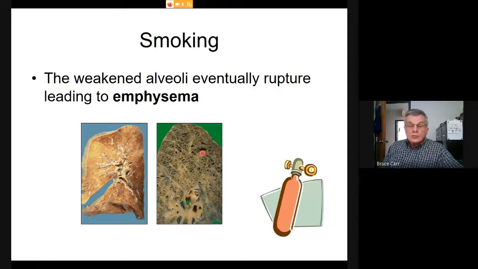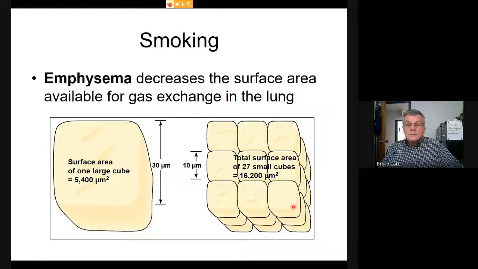So compliance goes up, but exhaling that air, pushing it out, is much less efficient. So this is the condition we call emphysema, almost always linked with smoking. And prior to death, in its advanced stages, requiring oxygen enrichment because the lungs no longer can draw enough oxygen out of 20% air. You need to enrich it with pure oxygen in order to keep the oxygen levels at a safe level.